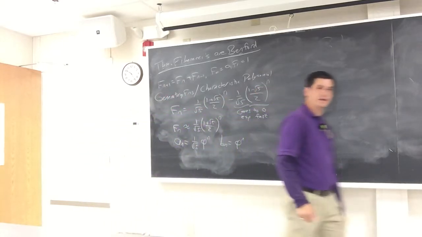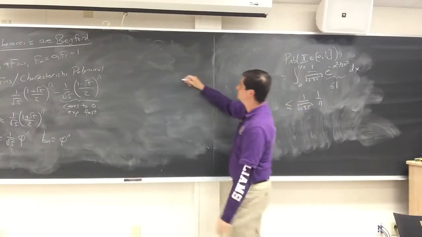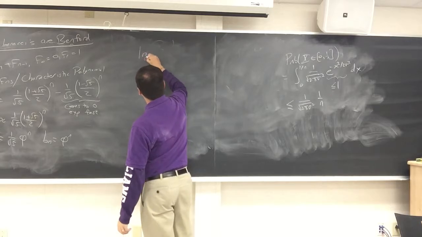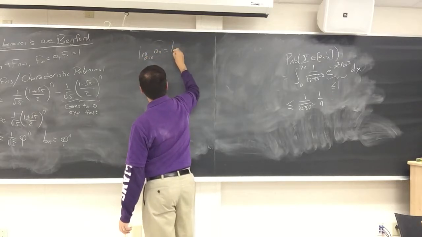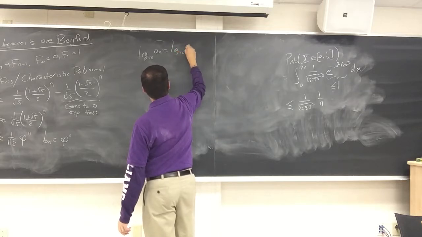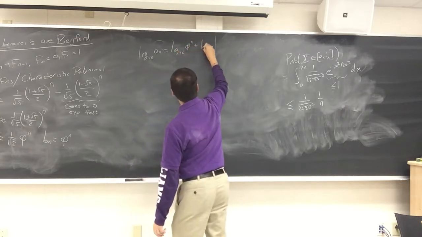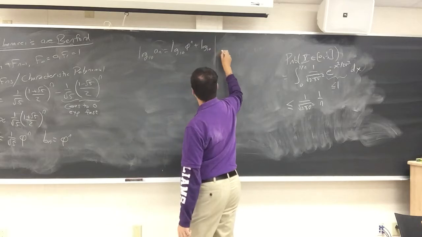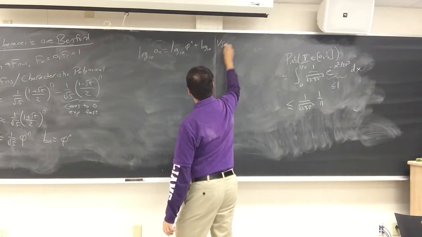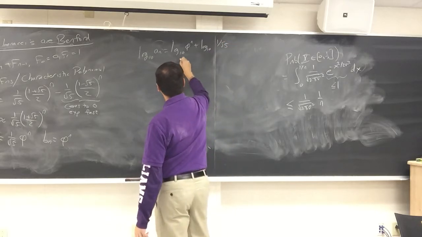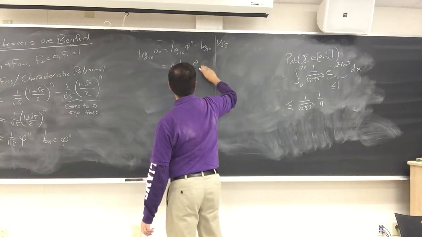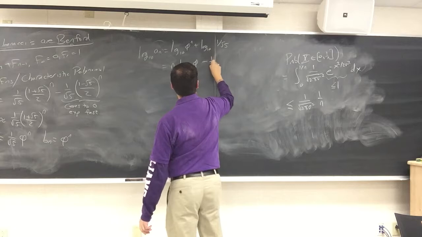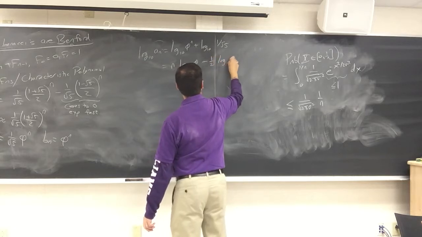So let's look at the log of a_n. So the log base 10 of a_n is the log base 10 of phi to the n plus the log base 10 of 1 over square root of 5. So it's n log base 10 of phi plus, or if you want to do minus 1/2 log base 10 of 5.